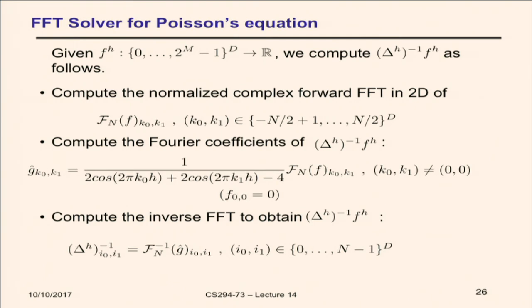So here's the FFT solver for Poisson. We discretize on a power of 2 grid. We compute a normalized complex forward FFT, compute the Fourier coefficients obtained by multiplying f by the symbol, and then compute the inverse FFT. Again, what I'm giving you here, and it's not simply that I'm talking about it, you also have these slides, or we'll have them shortly, is that this gives you some idea of the level of detail I'm looking for.